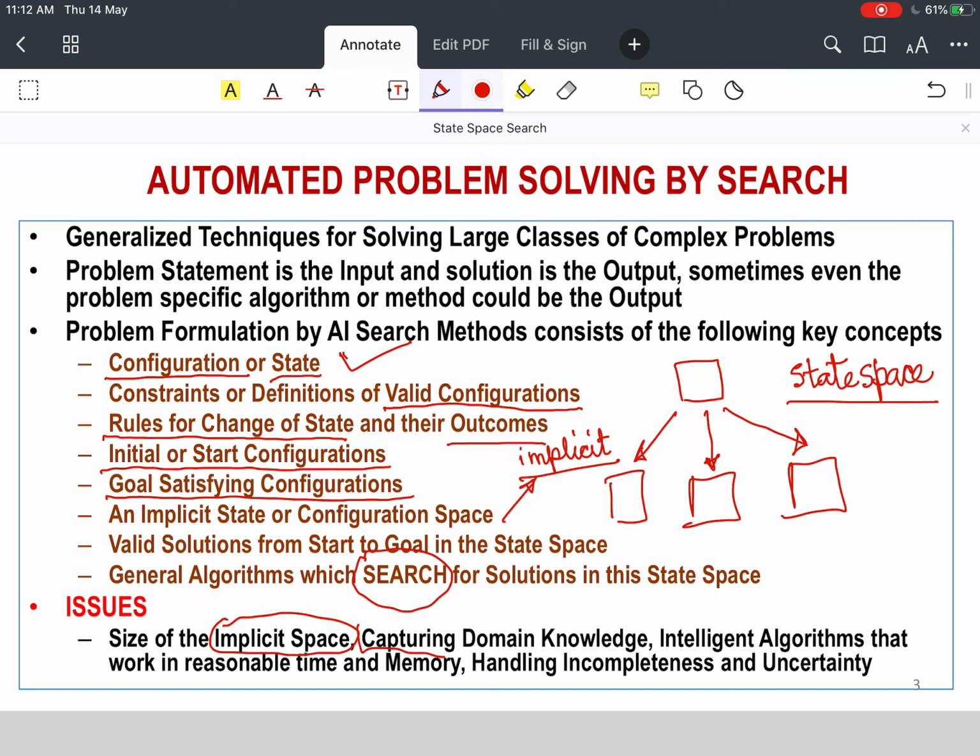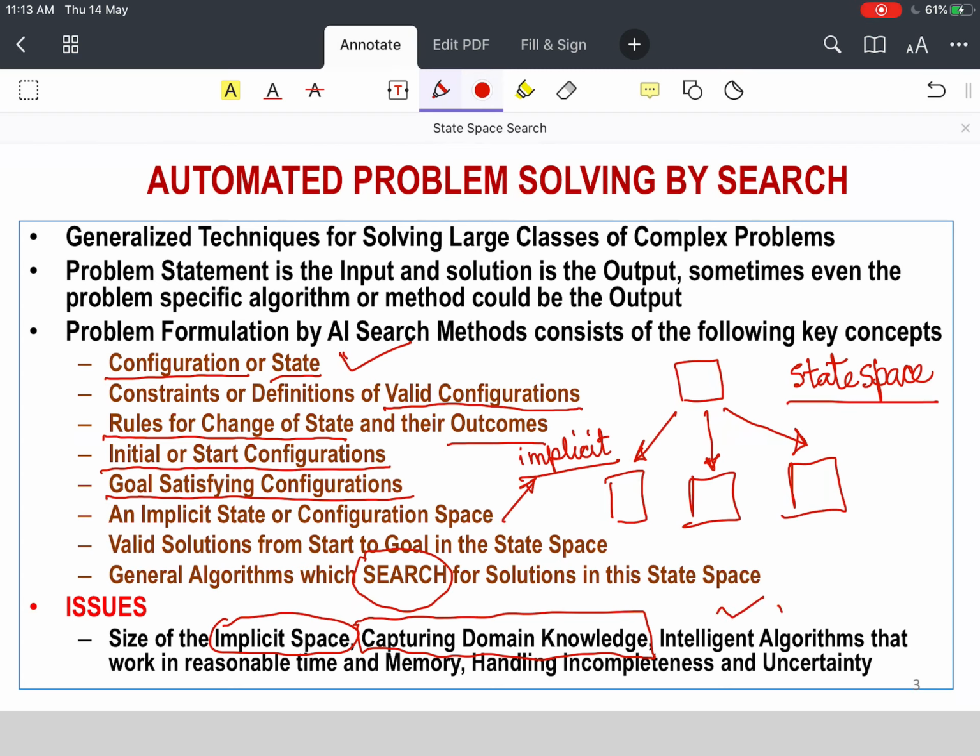The second important thing is that every problem has its inherent domain knowledge, and this domain knowledge is to be captured for that particular problem. So while we have general purpose algorithms, these general purpose algorithms must be able to capture and utilize domain specific knowledge for every problem.